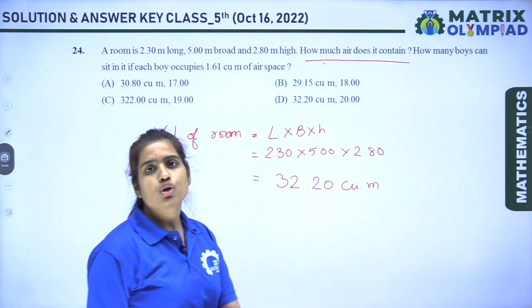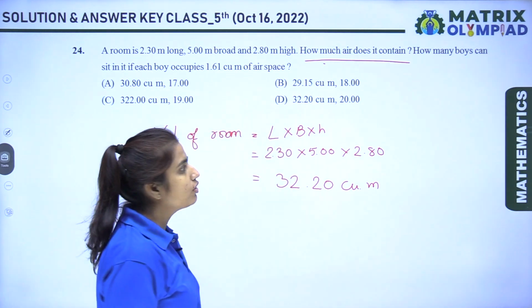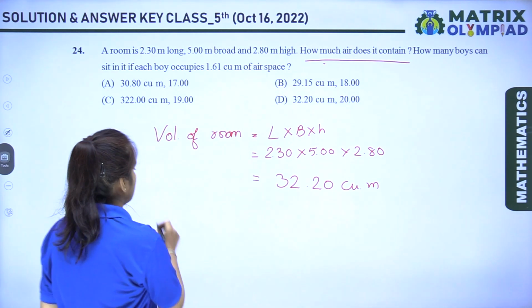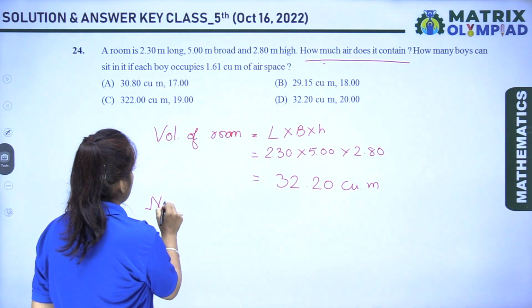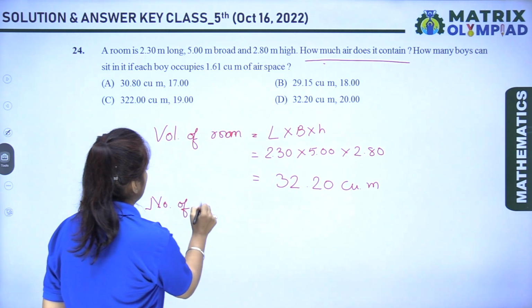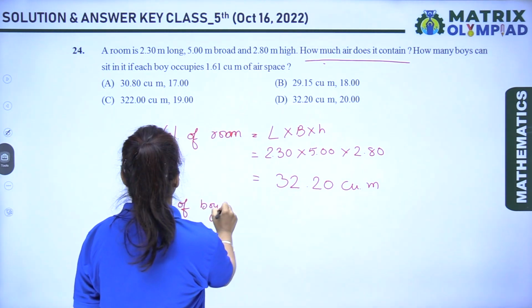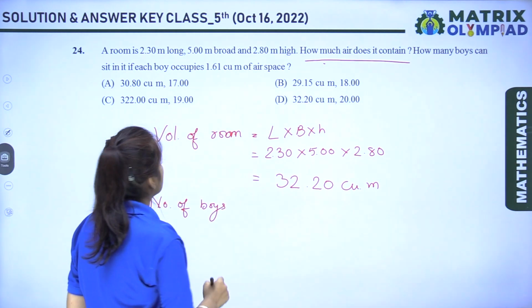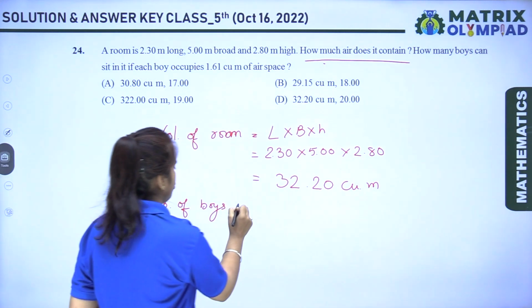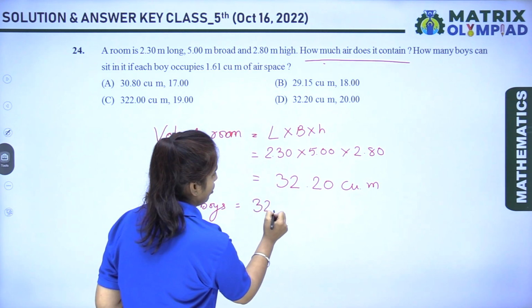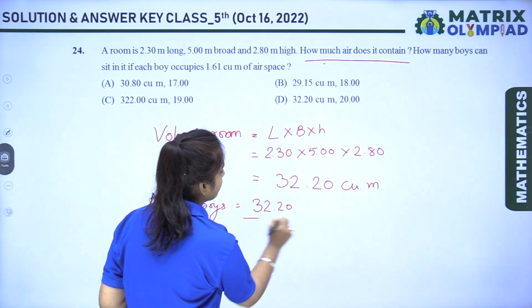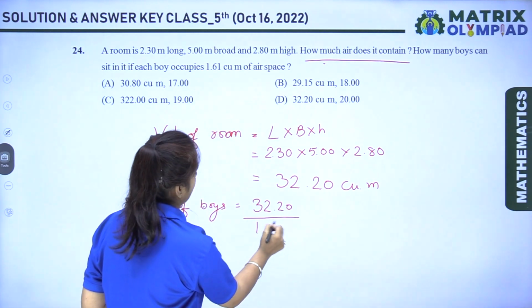So this is the volume of the room. Now we have to find out the number of boys. The number of boys that can sit in that room will be the volume of the room divided by the space they occupy.